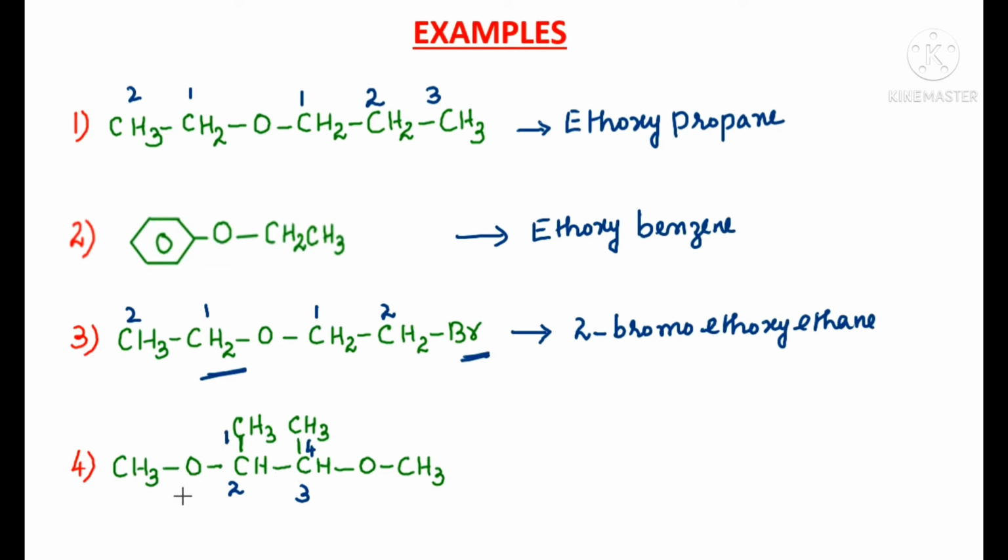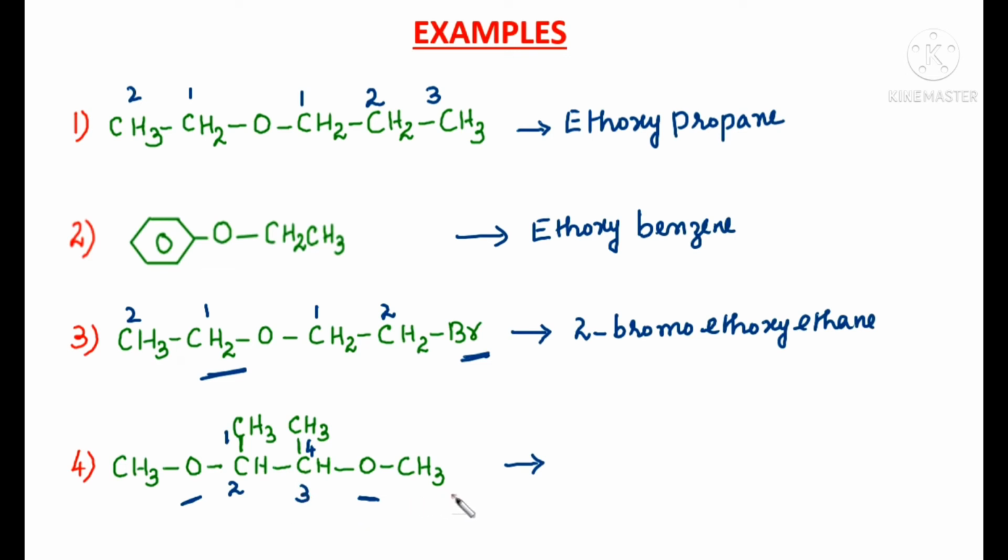Understood? Now this is one ethereal oxygen, and this is another ethereal oxygen. Two groups are there, so you should include di as the prefix. How will you write the name of the compound? Here you should consider the position of the attachment also. This ethereal oxygen is attached to the second carbon and this one to the third carbon.